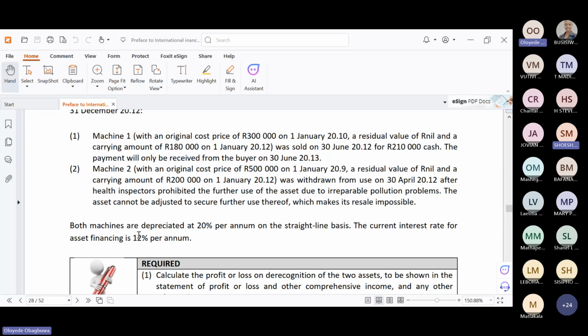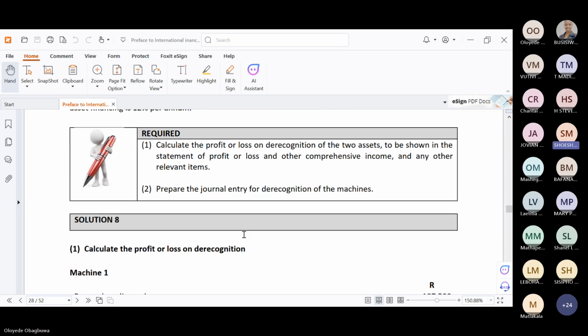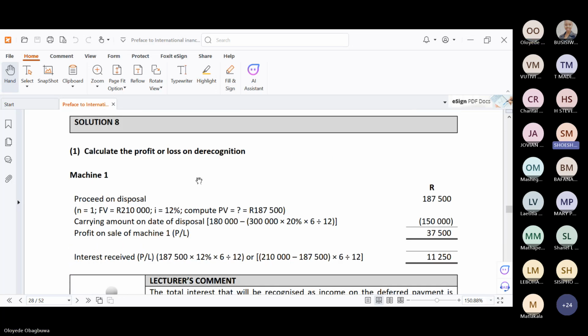When you see something like this in your questions, it is to prompt you to know that you need to determine the value of this asset based on future value.